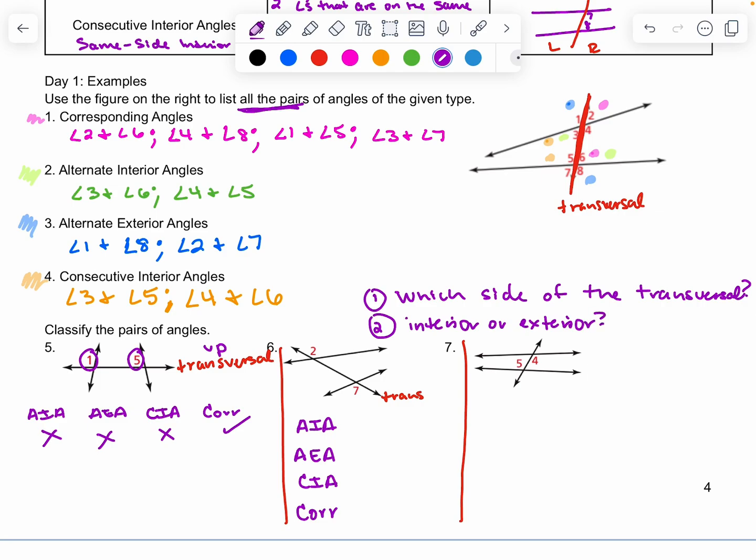That's going to kind of help you out, okay? So first question, which side of the transversal? Well, one's on the left side and one's on the right. So those are alternate. That means I can eliminate the C ones. I'm either alternate interior or alternate exterior. So now I go to question 2. Are they inside my 2 lines or are they outside those 2 lines? They are outside. So those are alternate exterior angles.